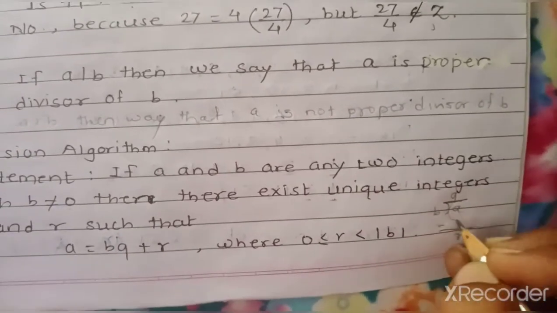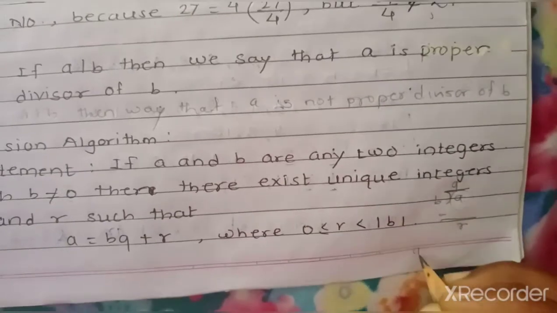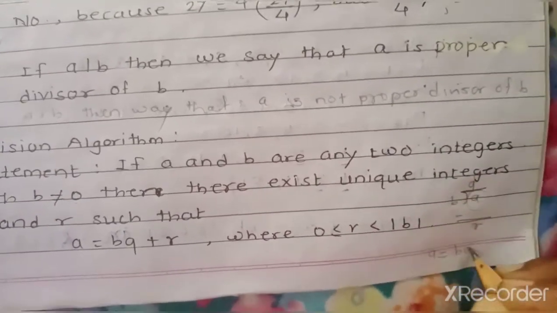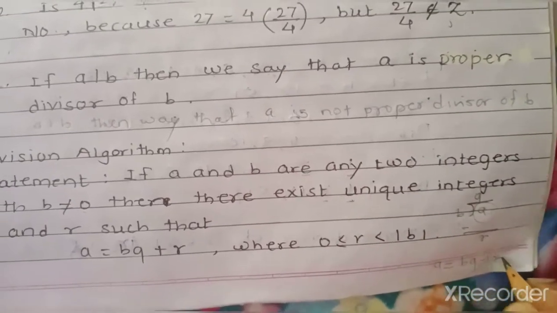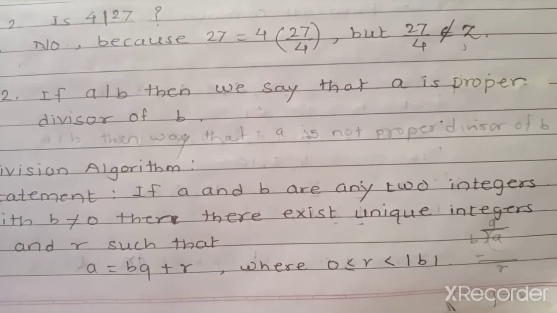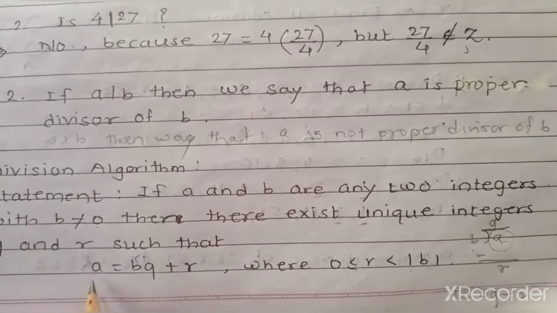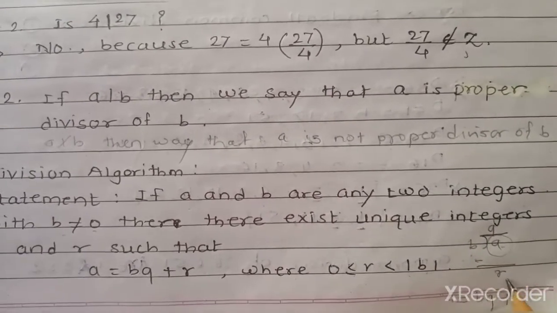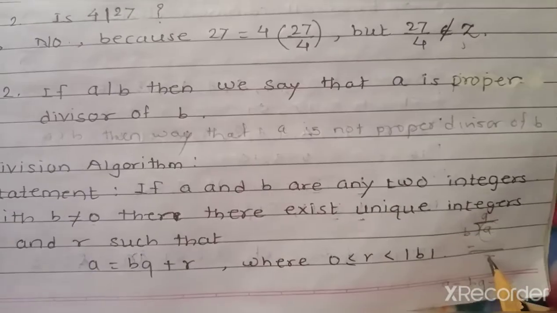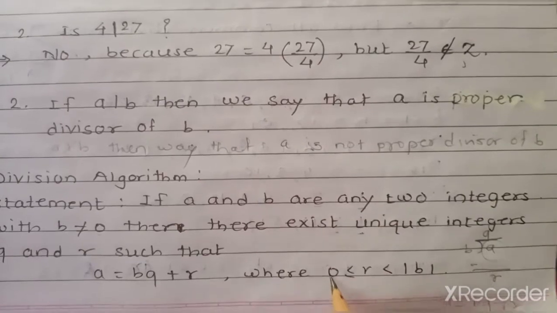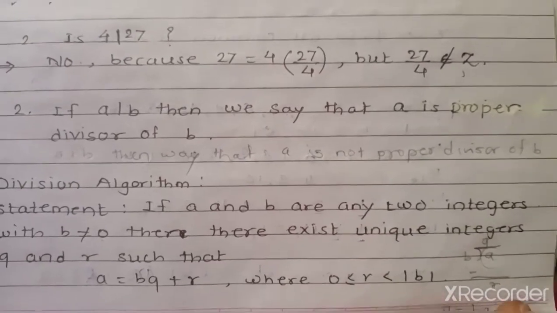So now a we may express as b into q plus r. For that reason we write directly a equals bq plus r, and we stop our division procedure when we get either r equal to 0 or r less than b. So we write 0 is less than or equal to r is less than mod b. So here we take one simple example.